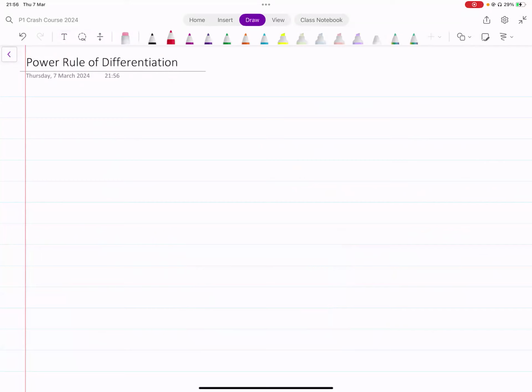The pattern that we just figured out from those gradient functions: if you have a function like this, x raised to power n, the derivative of that is going to be nx raised to power n minus 1. Okay, that's going to be the derivative of this function. Now this is the rule that you need to know about.